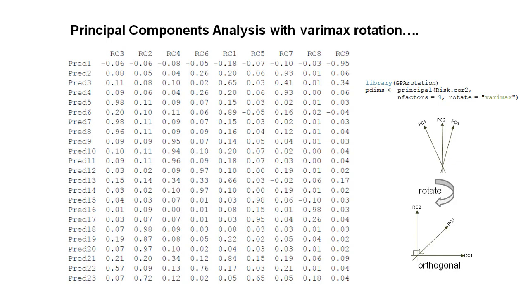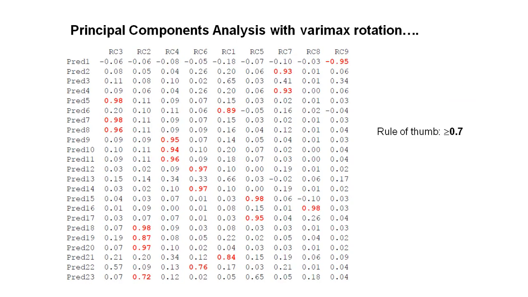Each rotated component is a column. The loadings can be taken as the correlation each predictor has with a rotated component. As a rule of thumb, we are interested in component loadings greater than or equal to 0.7, and these are all shown here in red.